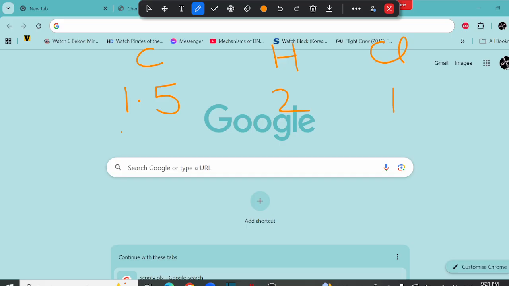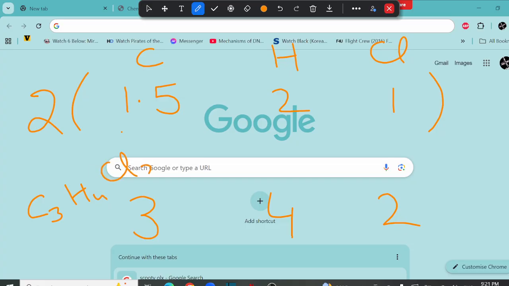Never do this. Instead, multiply everything by something so you can get whole numbers. Let's say in that case you get 3, 4 and 2. So the empirical formula is going to be C3H4Cl2. In the empirical formula, never round off the value.